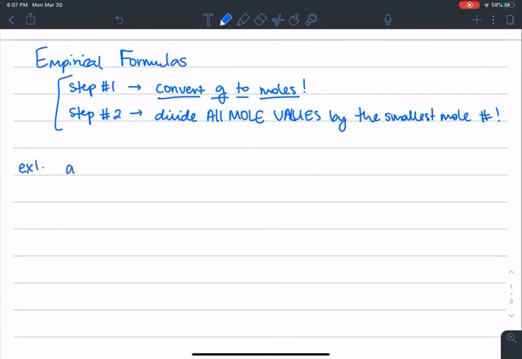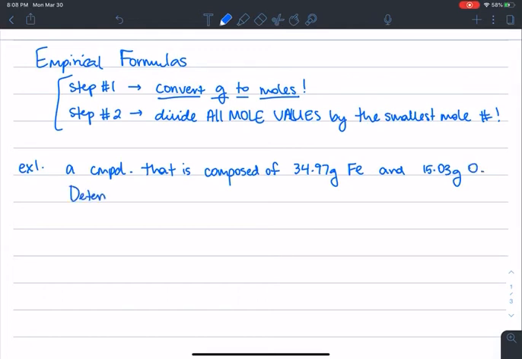We have a compound that is composed of 34.97 grams of iron and 15.03 grams of oxygen.